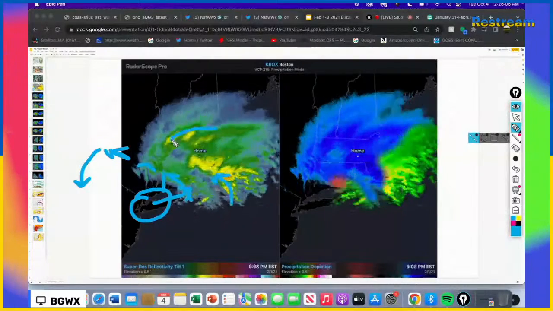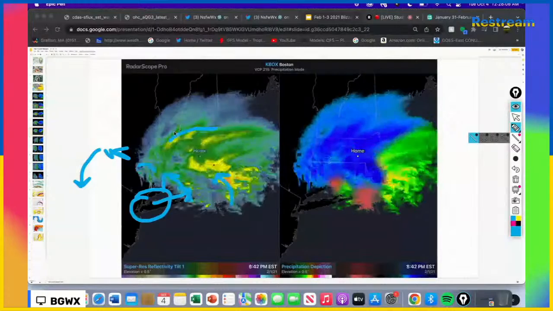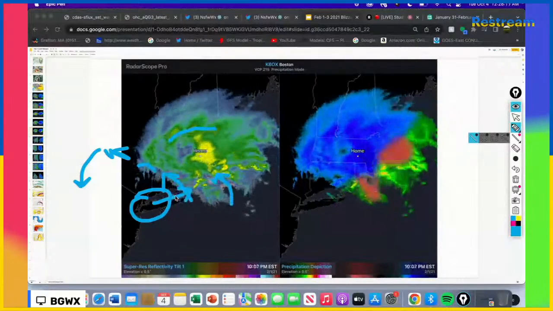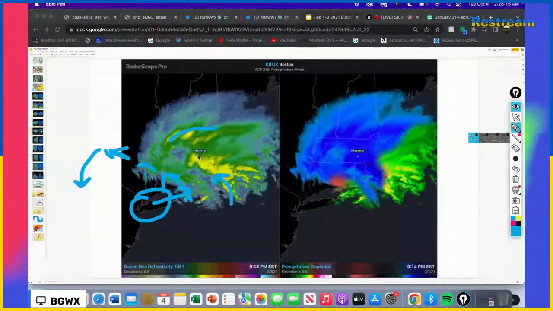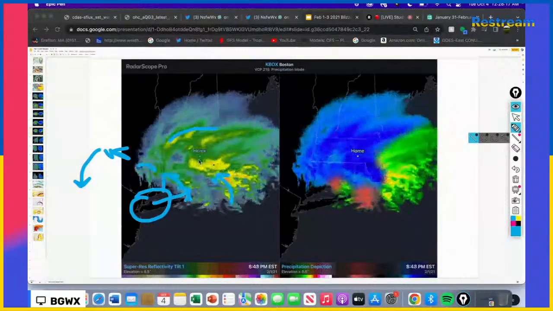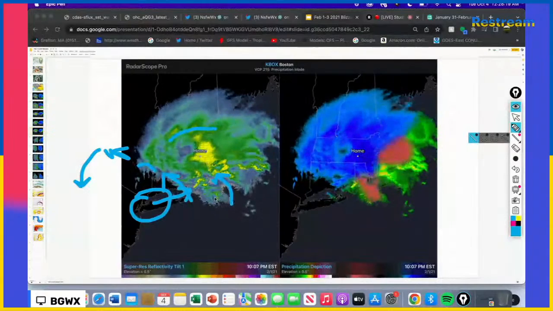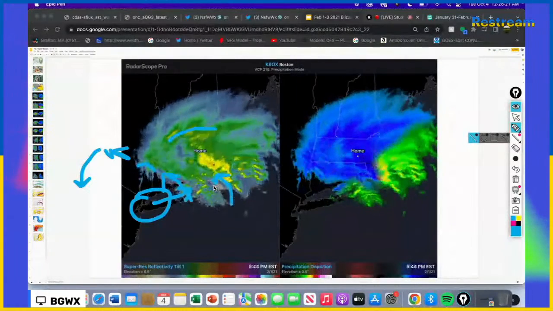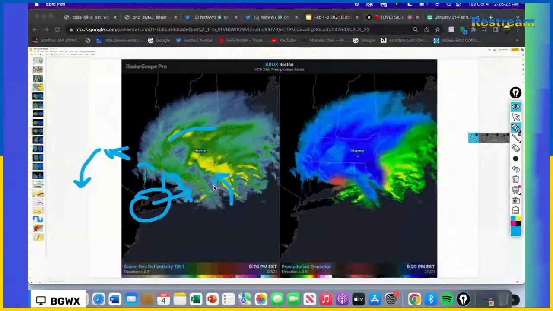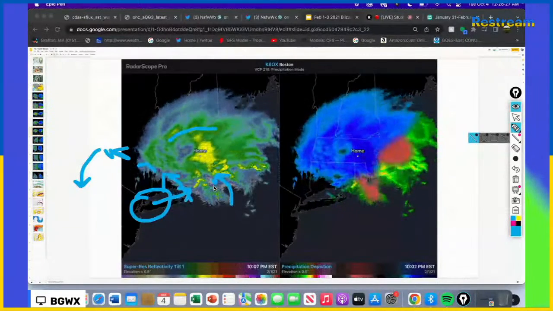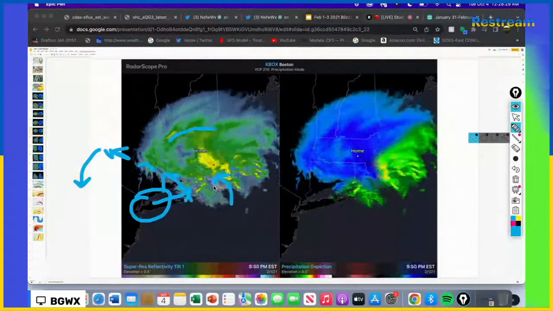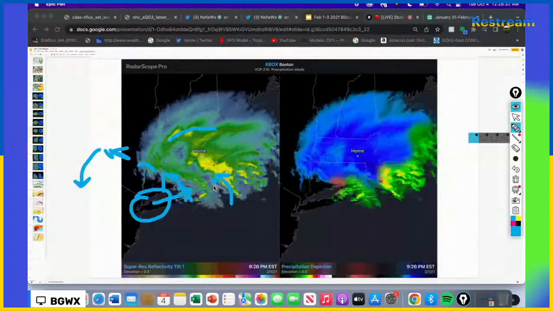That's probably more associated with that original band. And in between, a lot of coastal enhancement and still decent mid-level dynamics between the surface low pressure and the mid-level frontogenesis band to the north.